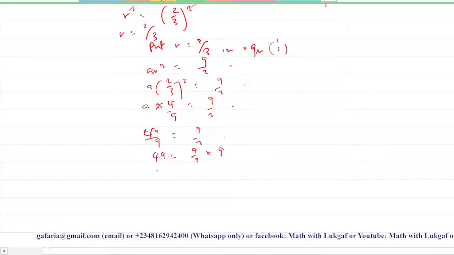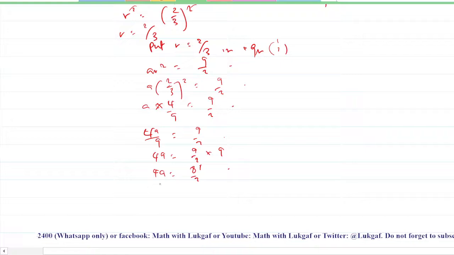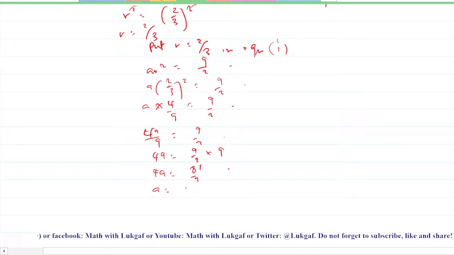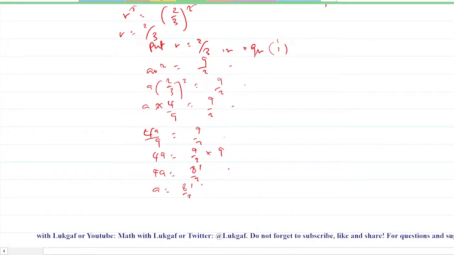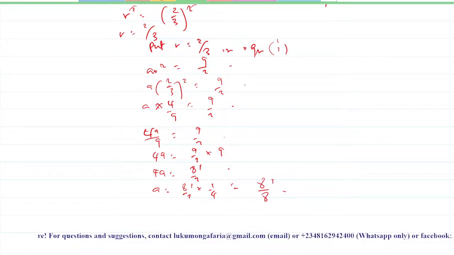So then you have 4a is equal to 81 divided by 2. If you divide through by 4, then your a will now be 81 over 2 multiplied by 1 over 4, which is equal to 81 over 8.